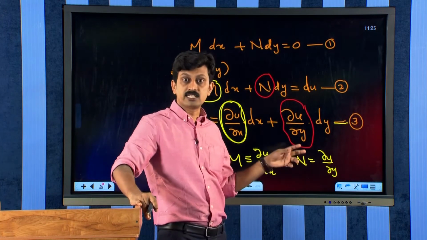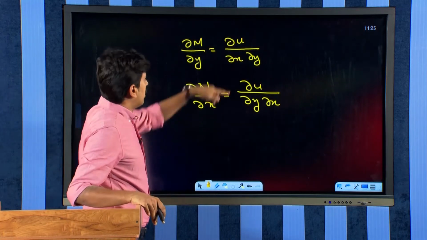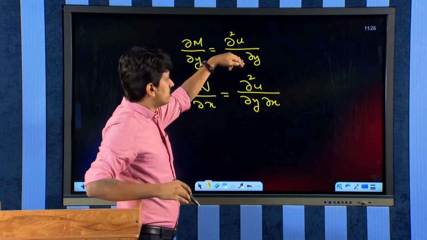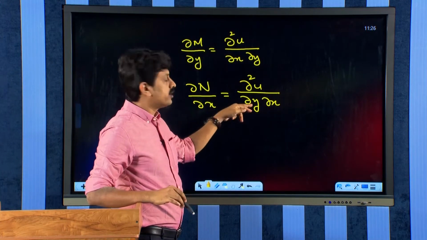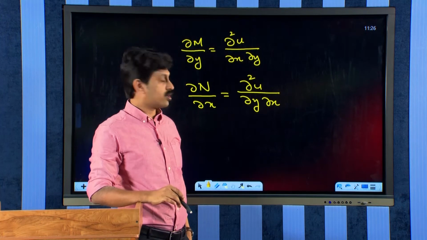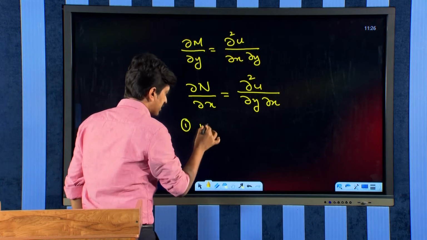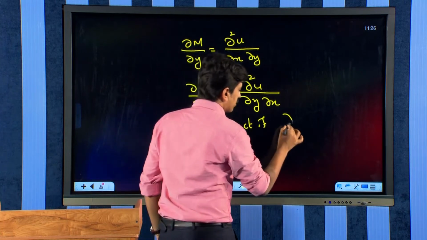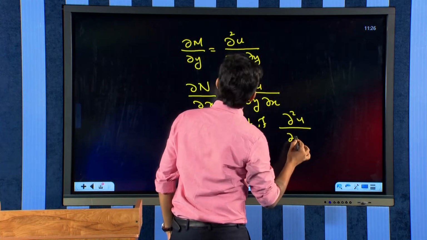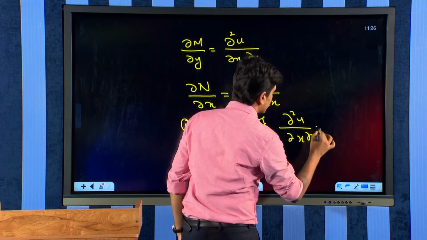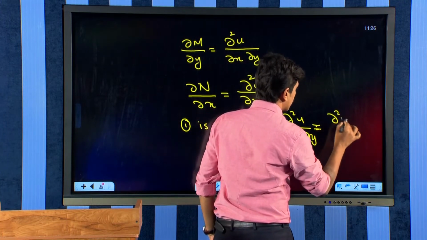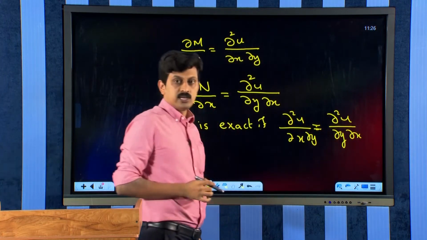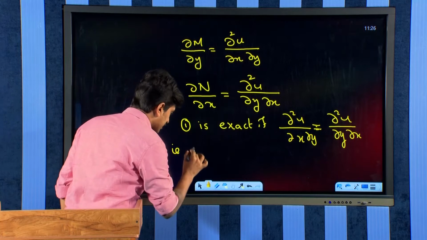And we can say that equation 1 is exact if ∂²u/∂x∂y is equal to ∂²u/∂y∂x.